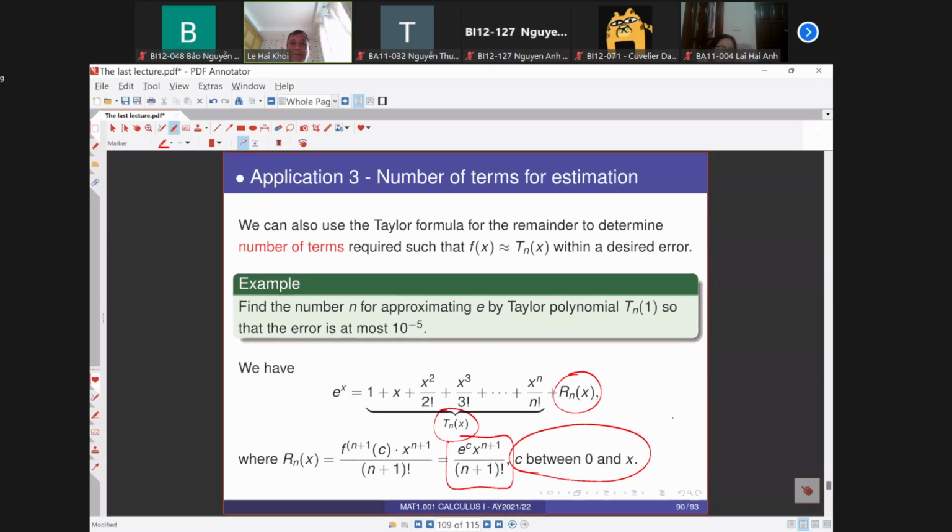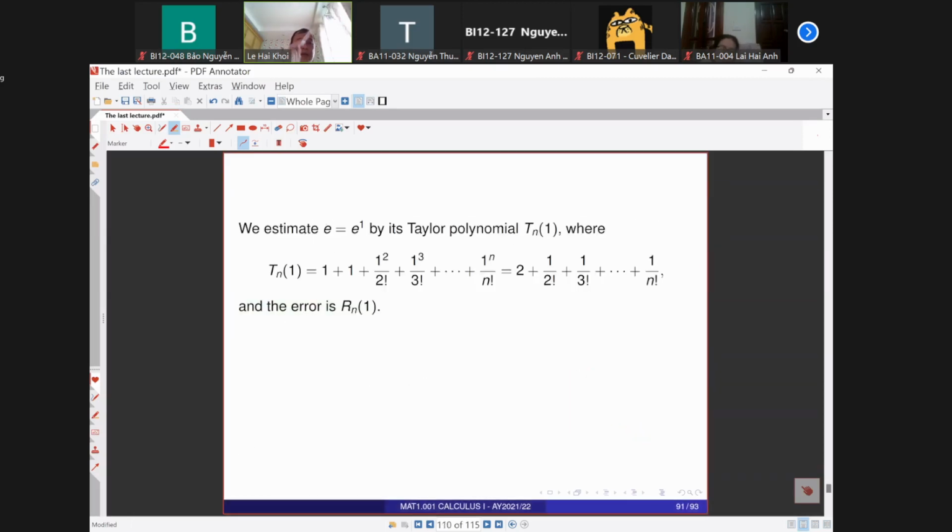So, next. e is e to power 1. And we use Tn(1). Tn(1) is Taylor polynomial of degree n at x equal to 1, which is here: 1 plus 1 is 2.